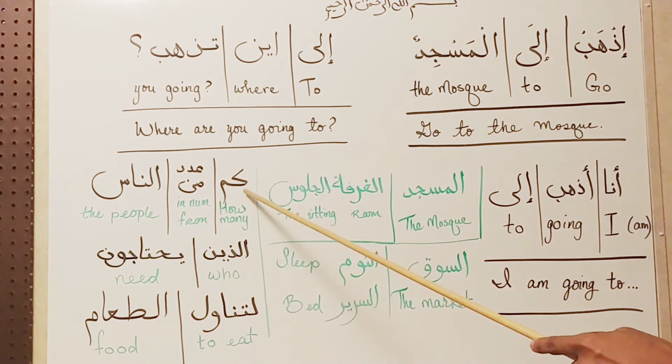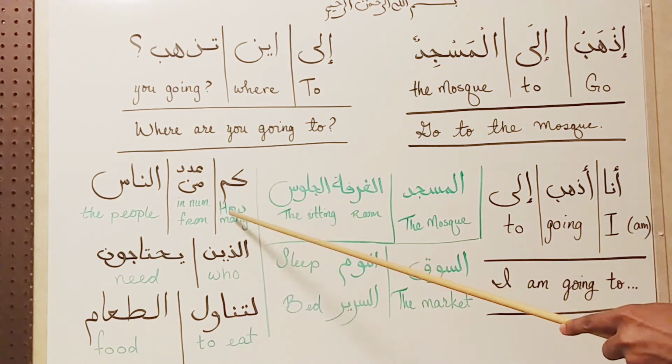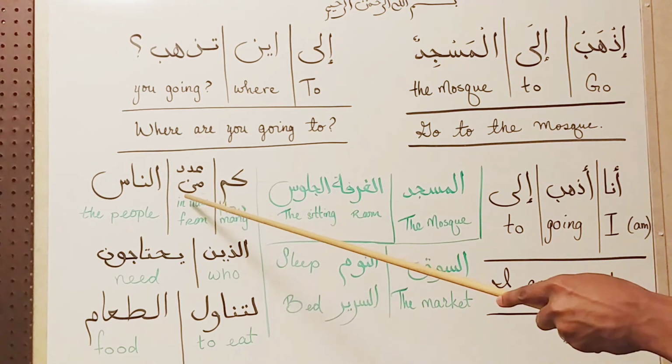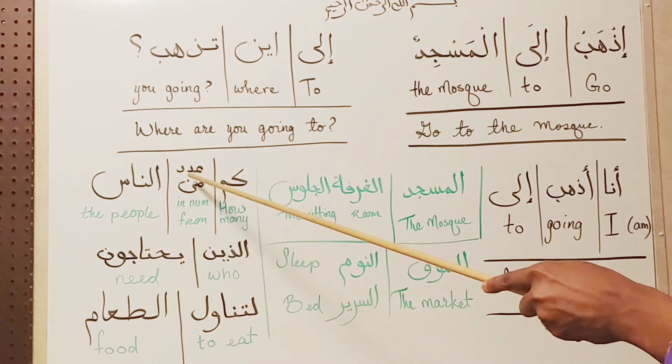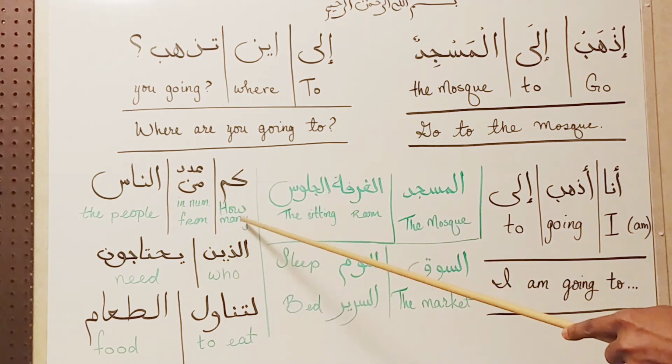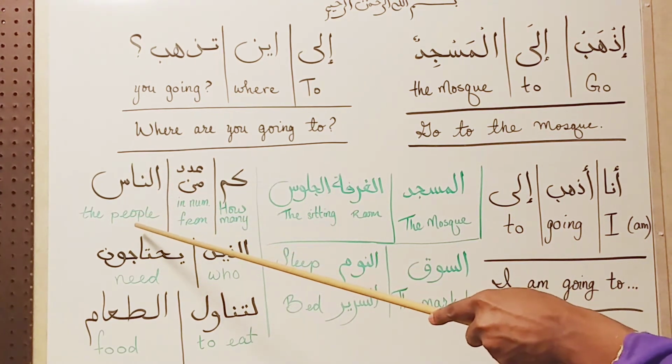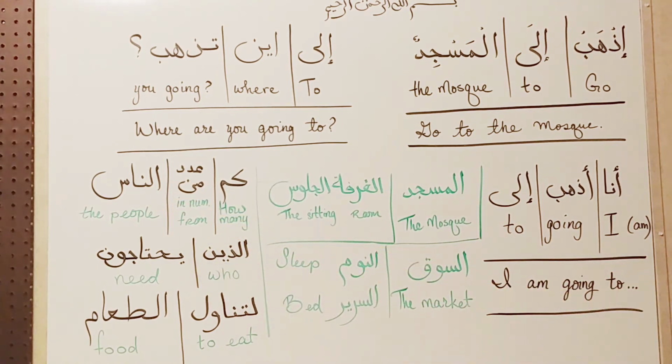So you would say, كم عدد, which is how many in number, or كم من, how many from, الناس. كم عدد الناس, or how many in number, the people, how many people in number.